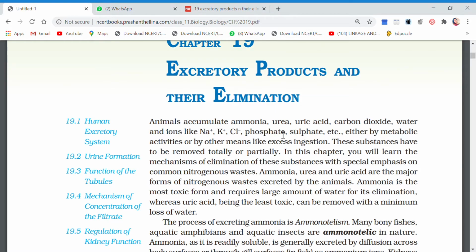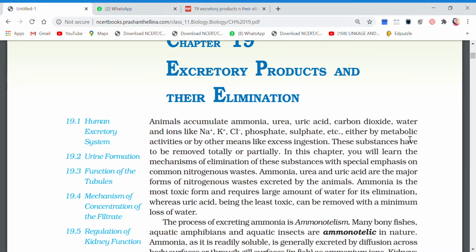Now, why does our body collect these things? How are these things collected inside our body? Because there are a lot of metabolic activities going on. Now, what are metabolic activities?